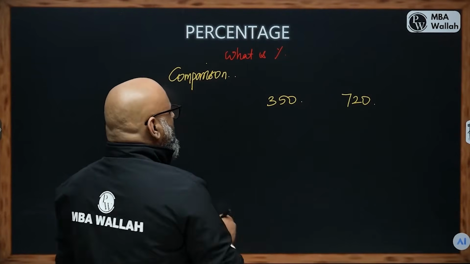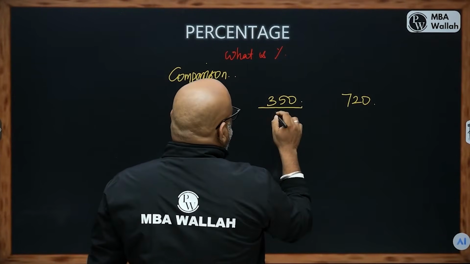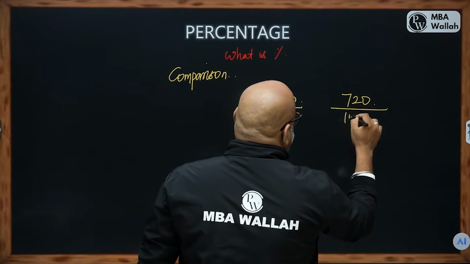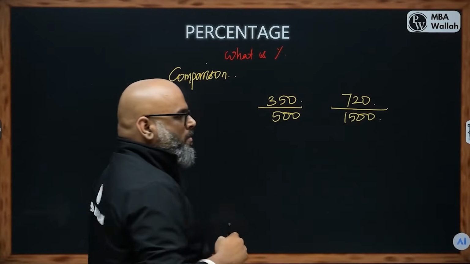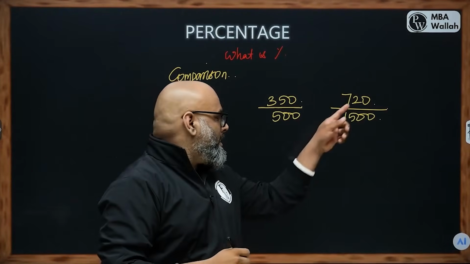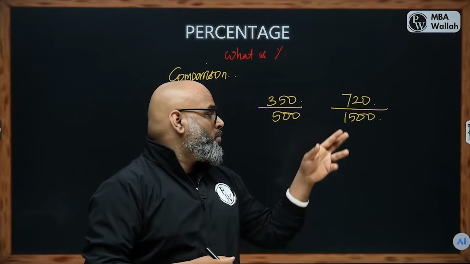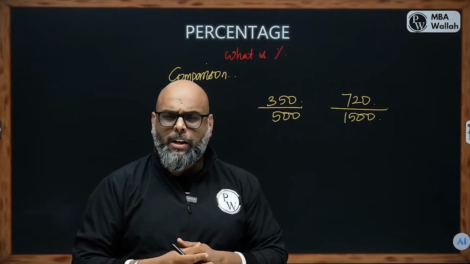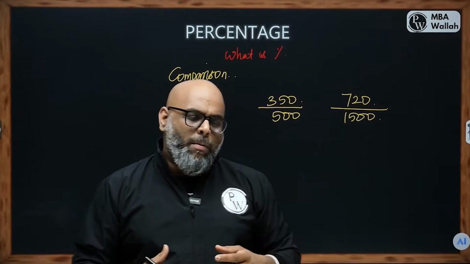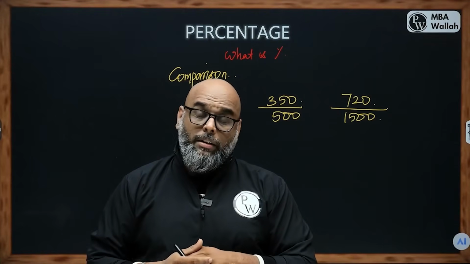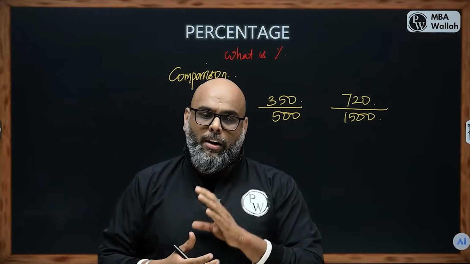But if I say this 350 is out of 500 and this 720 is out of 1500, now do we still say this 720 is better? Numerically, yes. But as marks, would you say 720 out of 1500 is better? No. This is where we have to bring them to a common base and then compare them, and that common base will be 100.